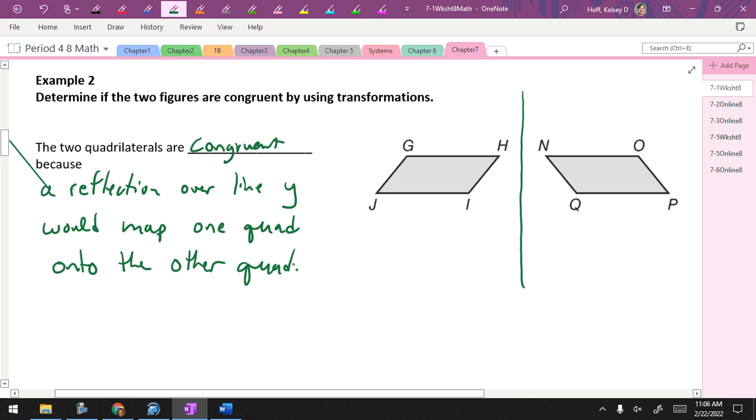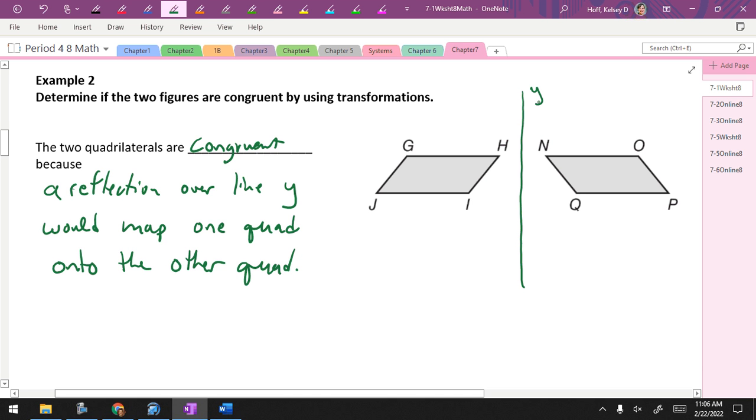And I'm using quad as quadrilateral shorthand, and yes, you can too. They are congruent because of a reflection over line Y, and I'm even going to label that a Y, so I remember that, would map one quad onto the other quad. Did I answer your question? Yep.